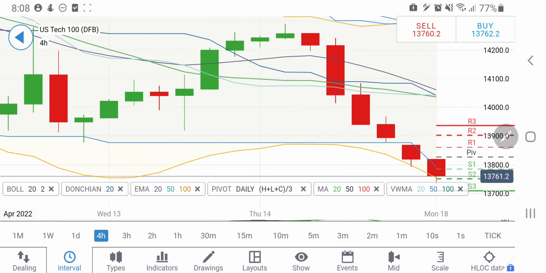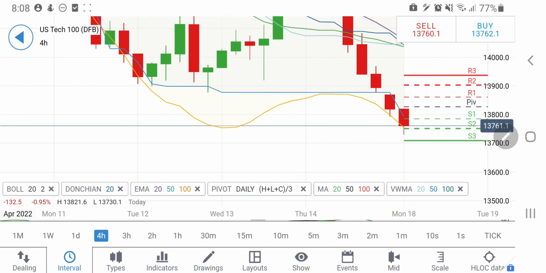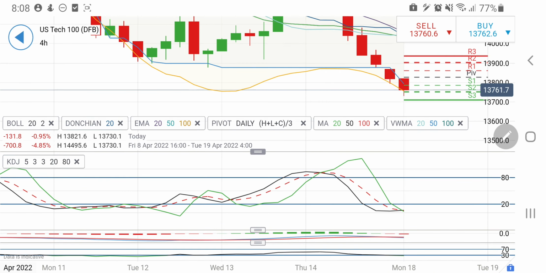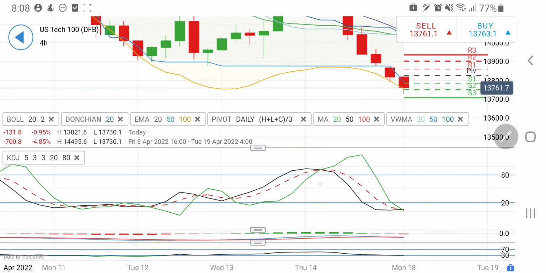But let's have a look at the 4-hour charts. On the 4-hour charts, it appears the only long entry is beyond 13,850. Below 13,850, I'll be cautious about taking a long position. It is looking downwards, with multiple red candles at the same time on the 4-hour charts. Maybe it is oversold and hence a bounce back can be expected.